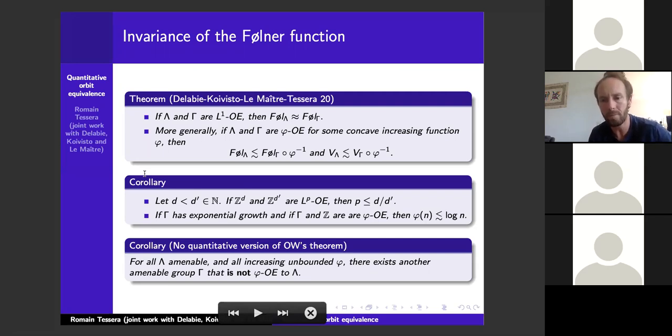Okay. So what I mean to say is that because we know so much about this Følner function, we know groups which have Følner function that can be as wide as you want. You can always find another group which has such a wide Følner function that it's not going to be phi OE to your group. Okay? So that really gives you that there is no quantitative Ornstein-Weiss theorem, if you want. There is no function phi that will work for all groups.